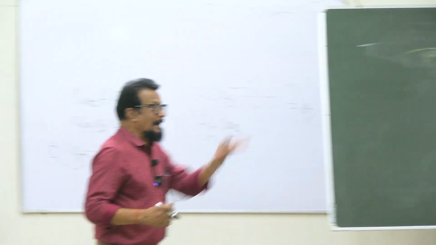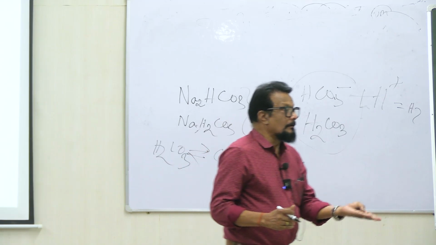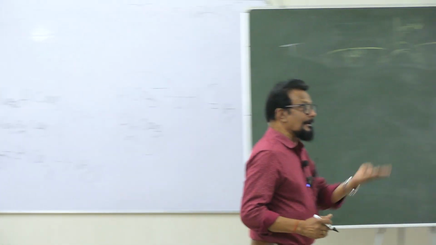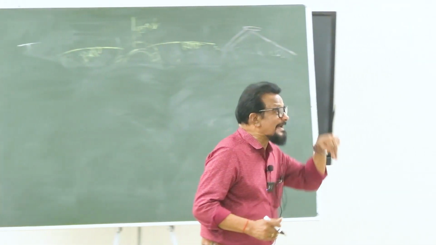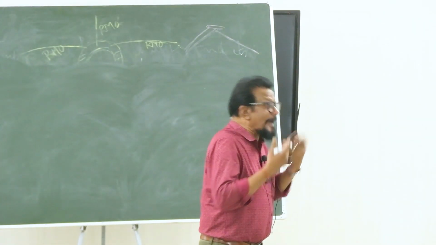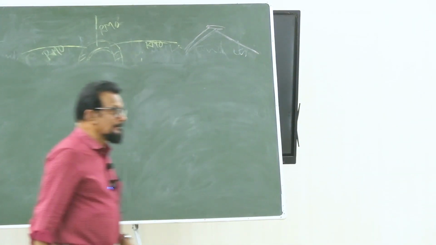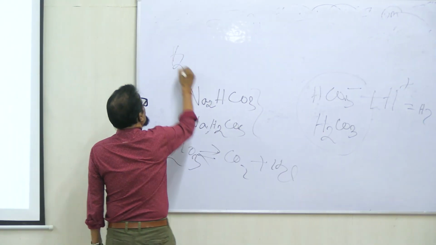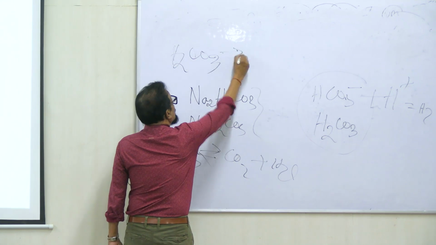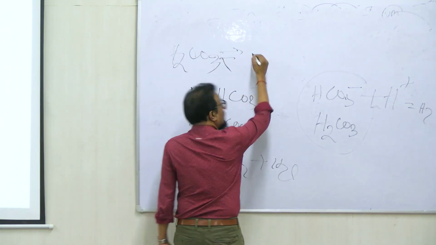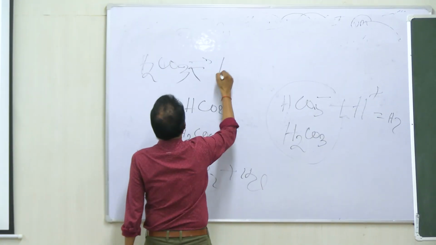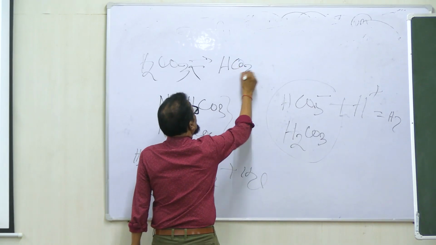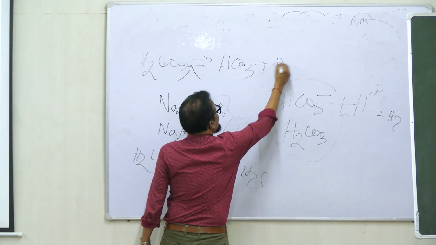When blood becomes alkaline, it means there is less hydrogen ion. I need more hydrogen ion. How? This H2CO3 will be dissociated into HCO3 minus plus H plus.